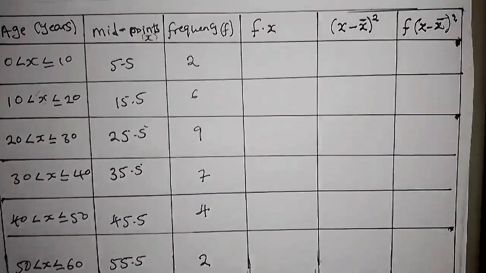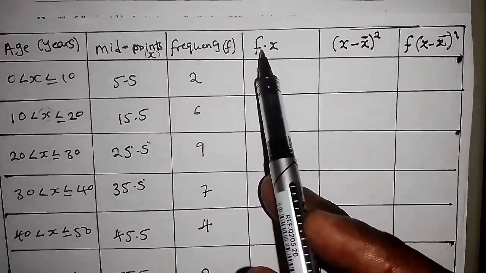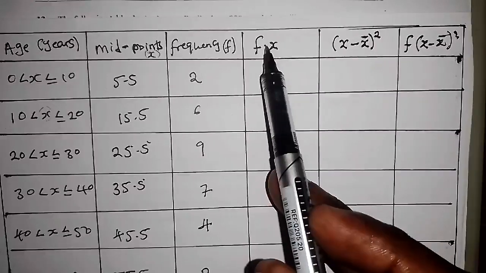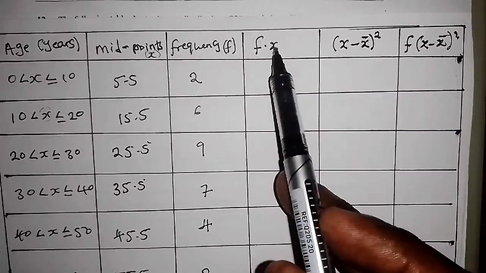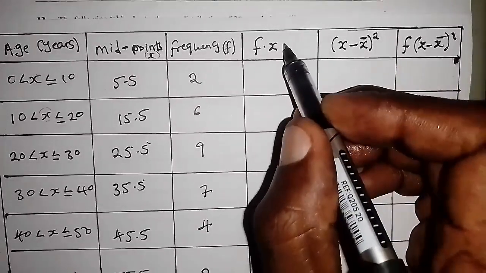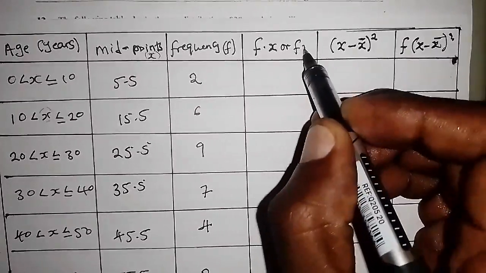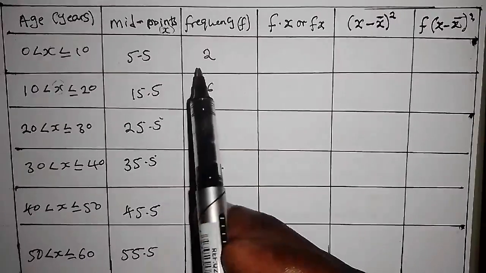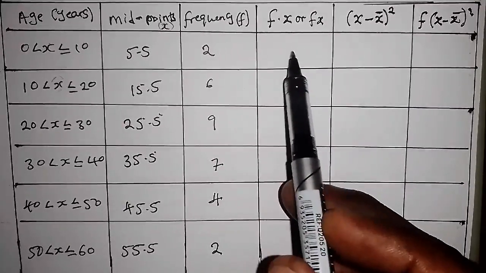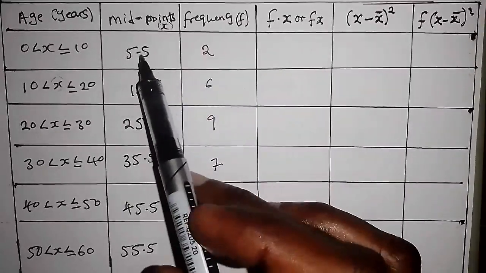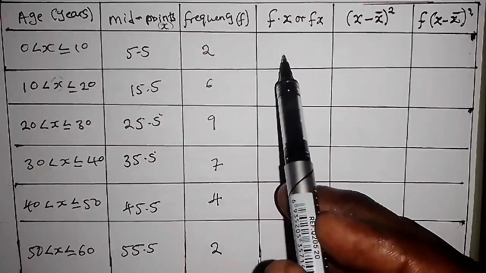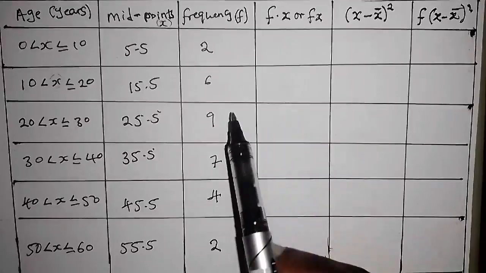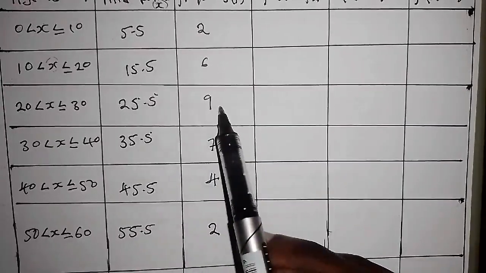And then what you see here is f times x, or if you want, you can just say fx. It's the same thing. Once you do that, to get the value in these boxes, you say this 5.5 multiplied by 2, you write the number there. 15.5 times 6, you write the number. 25.5 times 9, you write the number.